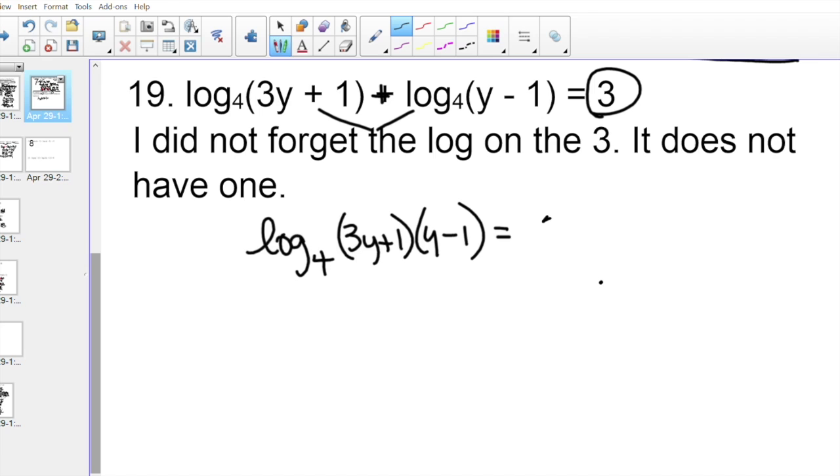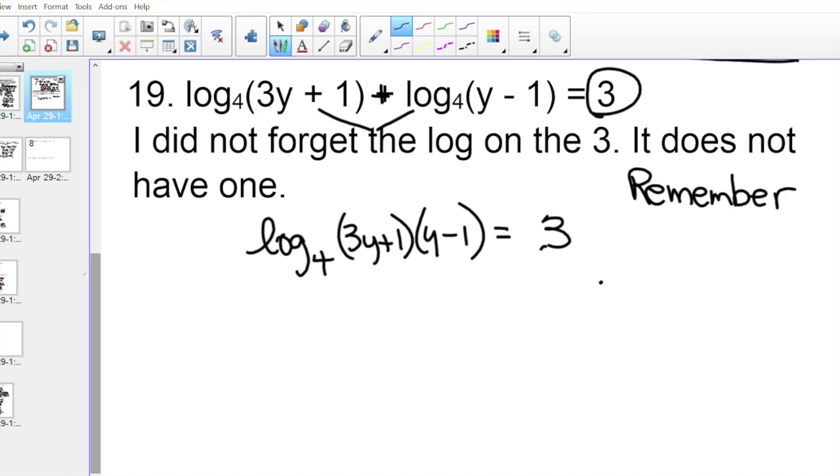Now, what you would have done earlier is rewrite this without the logs. But since the 3 does not have a log, we've got to use Mr. Napier's rule again. This is going back to your last session on finding the logarithms.